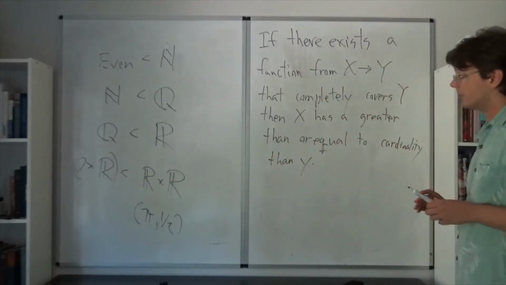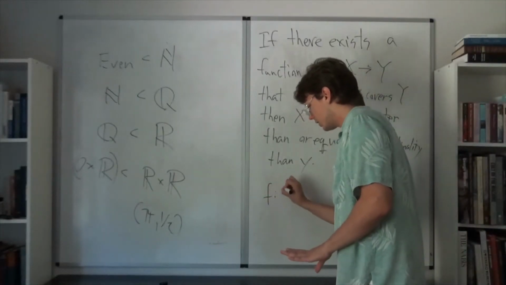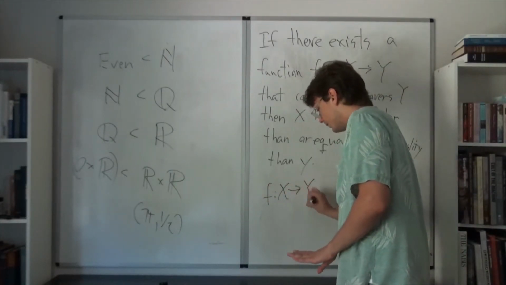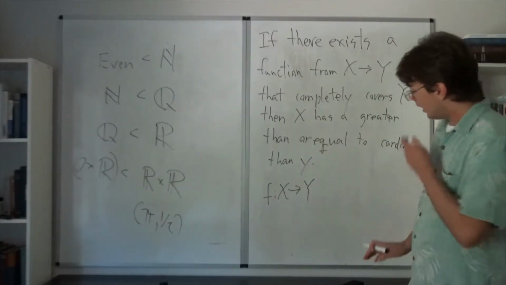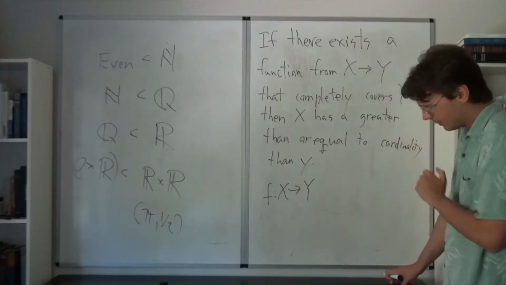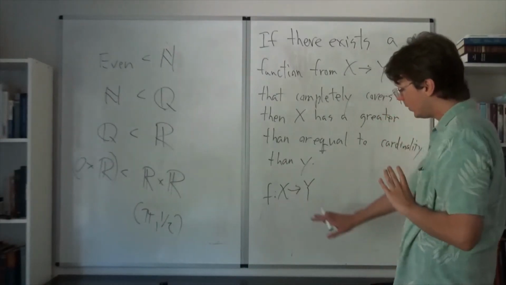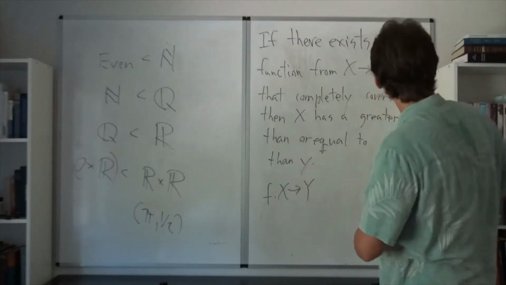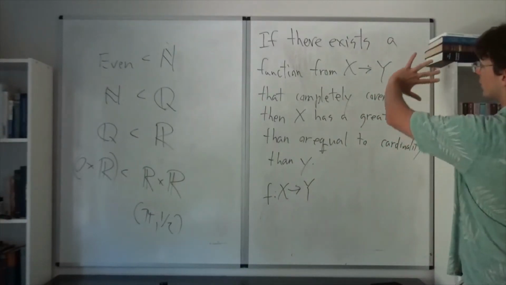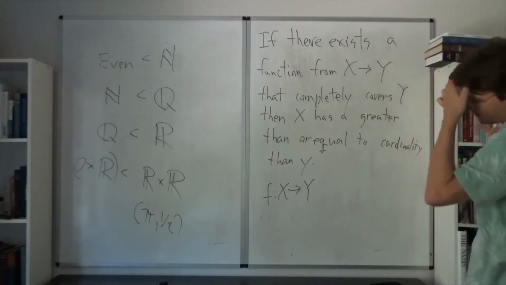That's a lot to take in. But the idea basically is, let's say I have some function that goes from x to y. Let's say it's all my fingers. From x to y. And I can cover all of y with x. As in, I can cover all of these books here with my fingers. I can perfectly pair them off in that way.